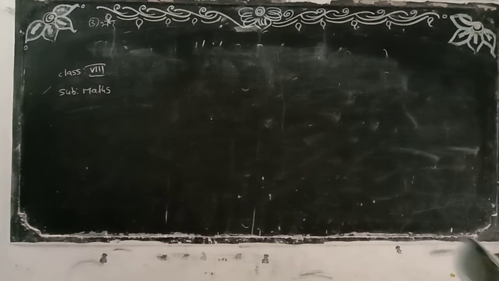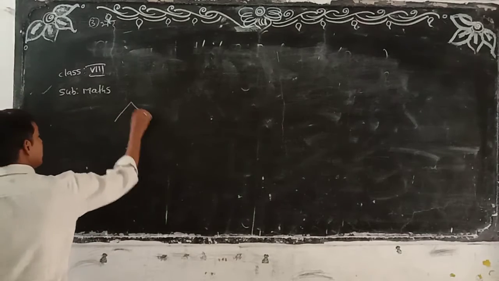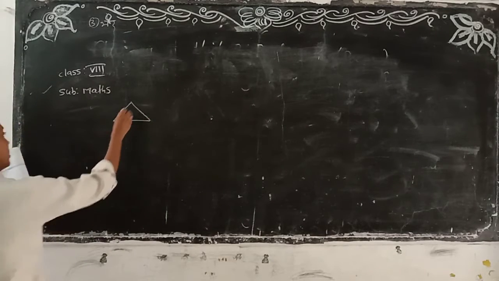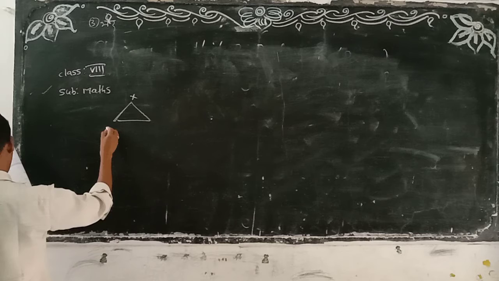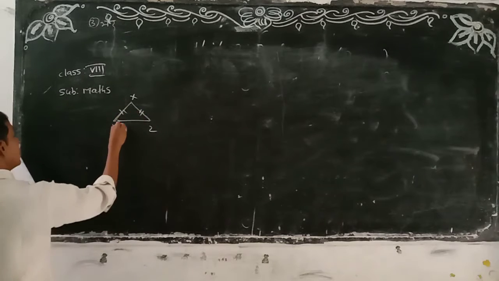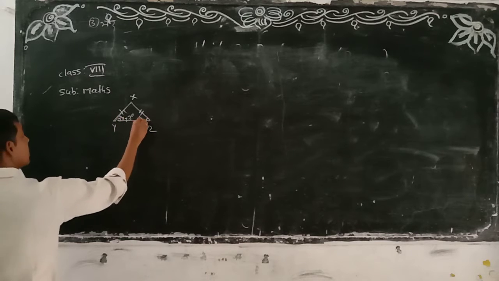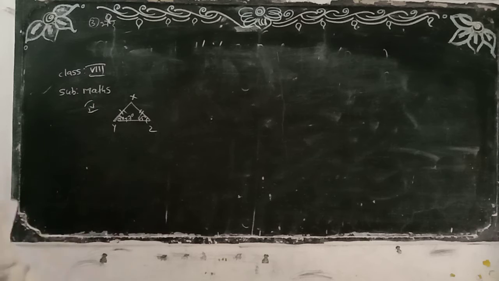Now the fourth one, look here. I am drawing the diagram. For each and every problem you have to draw the diagram. X, Y, Z, the symbols are given: 2x plus 7 and 45.